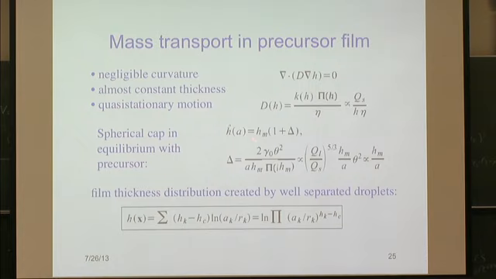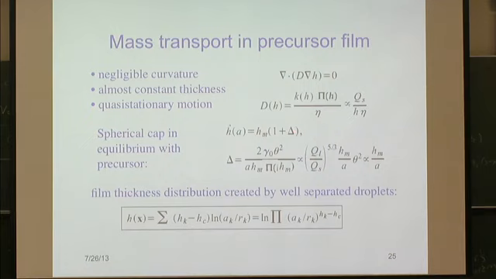And here is the spherical cap which is in equilibrium with the precursor. The thickness of the precursor near this cap will be the standard thickness plus some change.